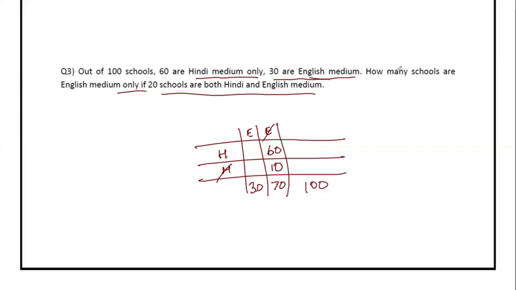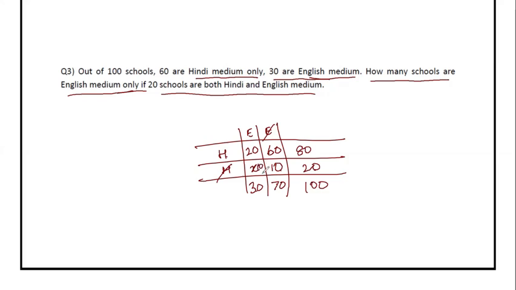Now let's go further. How many schools are English medium only? English medium only, meaning this is the part that they're asking. English but not Hindi. If 20 schools are both Hindi and English medium, I know this is 80, this will be 20, and therefore if this is 20, this is 10, and X is 10.